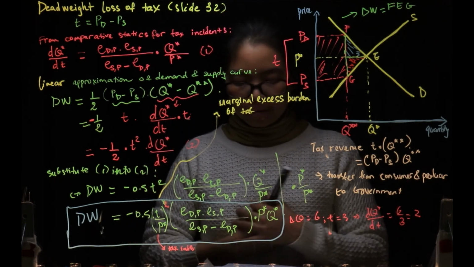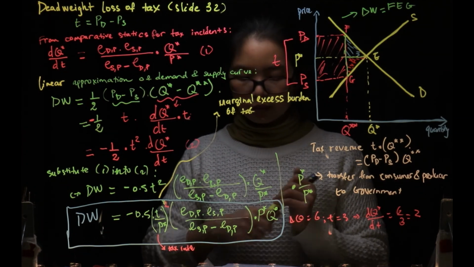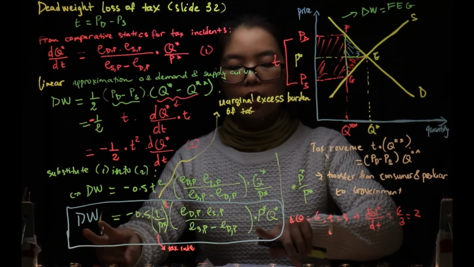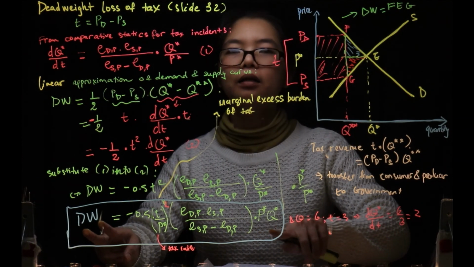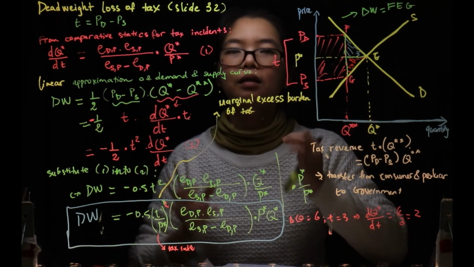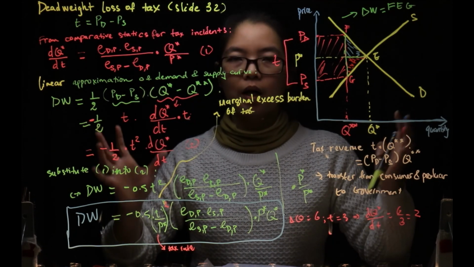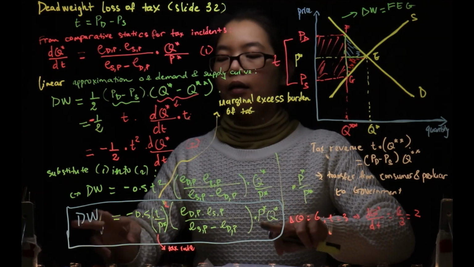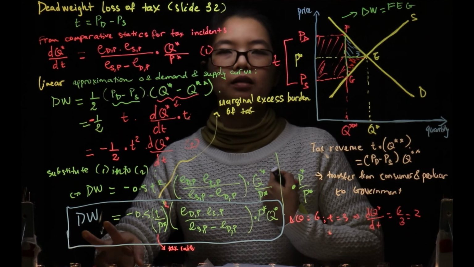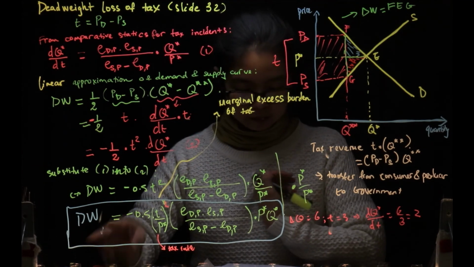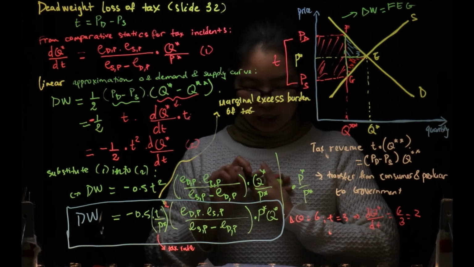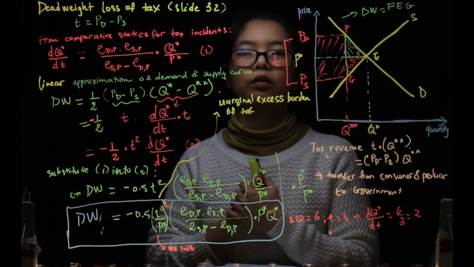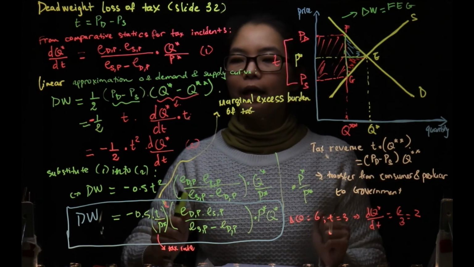That's the first thing. The second thing is the dead weight loss is proportional to spending on a good. So the more the spending, the expenditure, or the size of the market, let's say, because here we talk about a Q of the whole market, right? So the larger the market is, the worse the dead weight loss is when we impose a tax, right? And the last thing is the lower the elasticity, the lower the dead weight loss. Now, why?